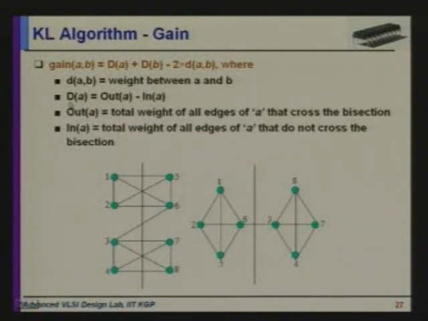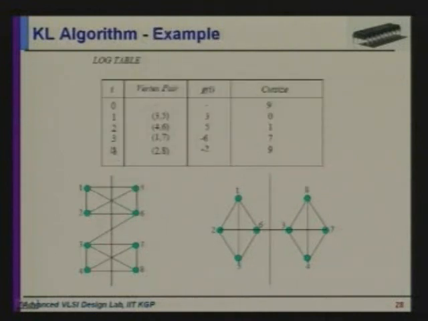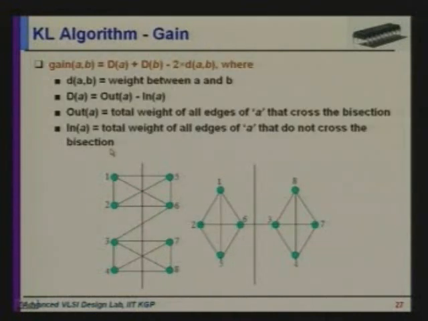So capital DA is 2 minus 1, or 1, right, okay. And DAB is the weight between A and B. So if I have 1 and 5, then DAB is the weight of 1 and 5, right, okay.